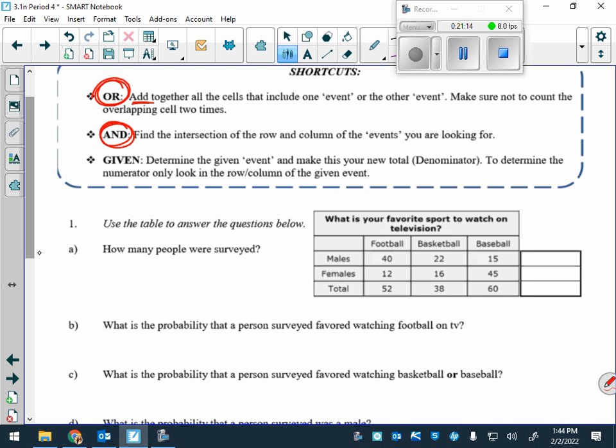So it changes that way. A lot of things with probability is all about comprehending what it's asking, and it changes multiple different ways. So what I want you to do first is fill out this total column first.